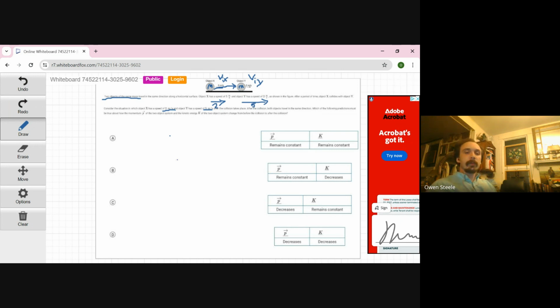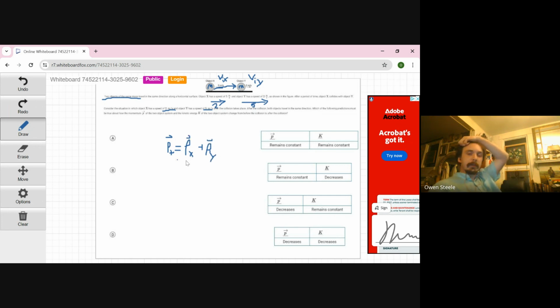So we know that in terms of our P, the P total will always be equal to just the momentum of the two parts. So my momentum in X plus my momentum in Y, added together.